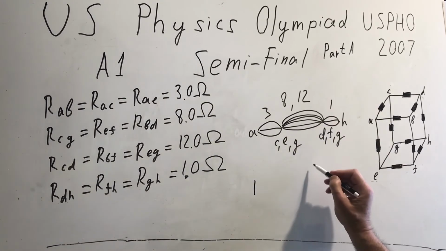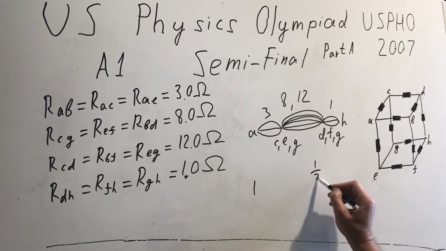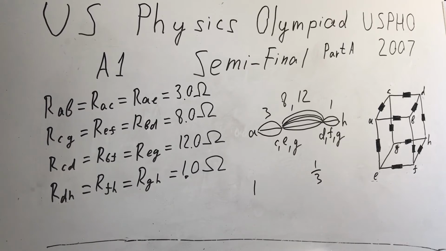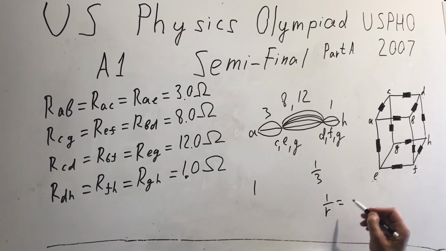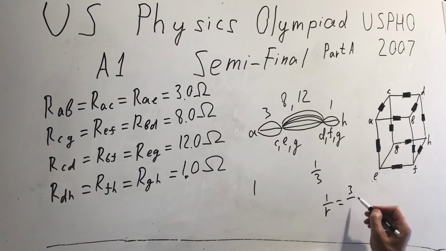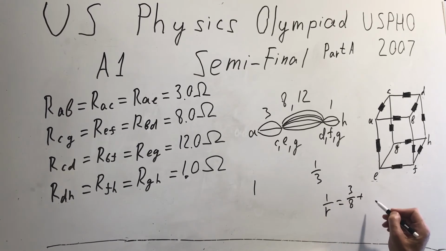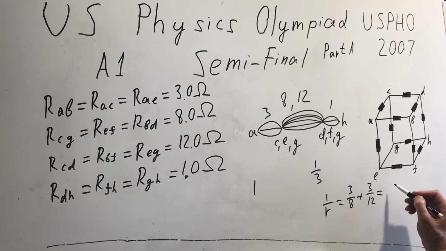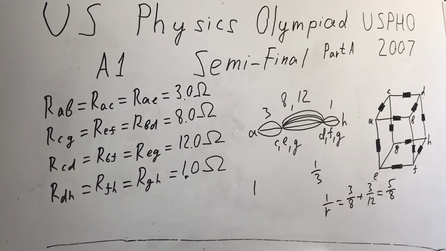For this part we have resistance 1/3, and for this part we have 1/R equal to 3 over 8 plus 3 over 12. So that will be 1 over 4 or 2 over 8. So that's 5 over 8.